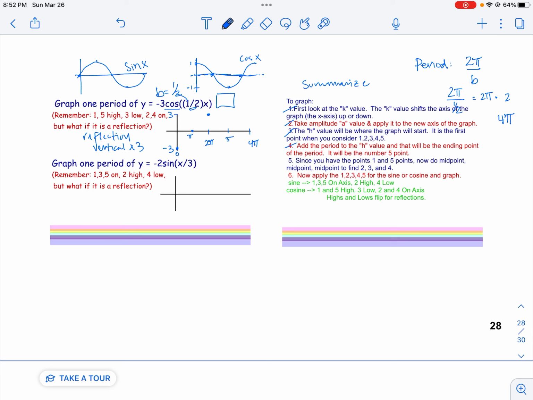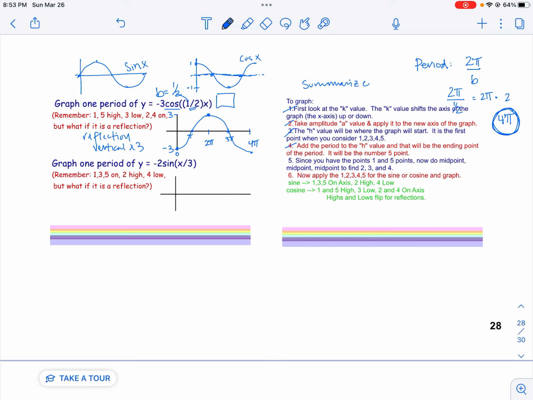This value would be 3 pi, down, and all the way down to the low point. So what I see is half of the cosine curve between 0 and 2 pi, and a full cosine curve between 0 and 4 pi, and that's how my period fits in.